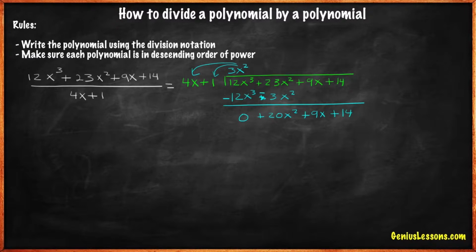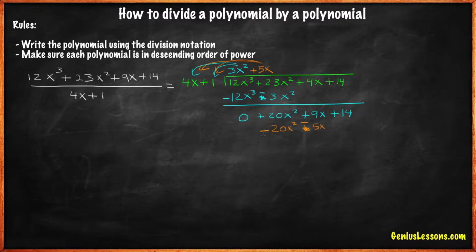We need to find out what times 4x will give us 20x squared. 5x times 4x will give us 20x squared, so we will use 5x. 5x times 4x equals 20x squared. 5x times 1 equals 5x.